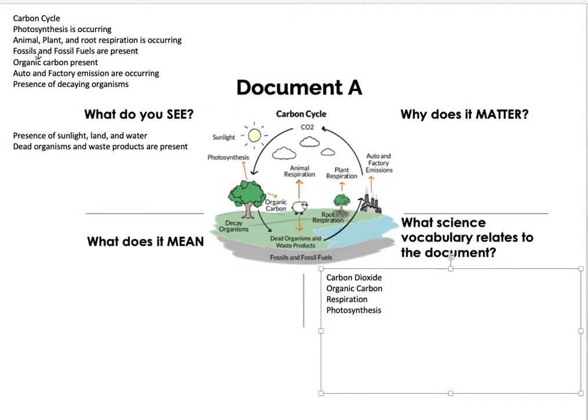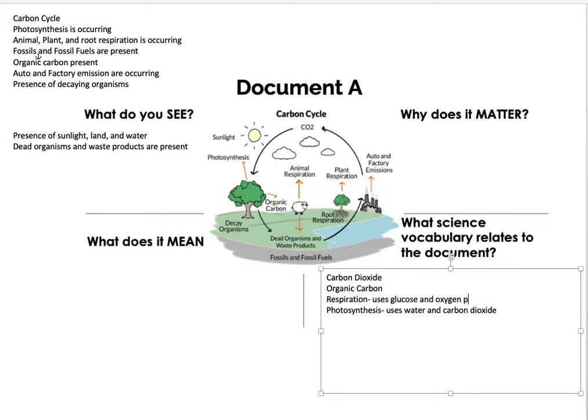And if we think about respiration and photosynthesis, we know that respiration produces glucose and oxygen. And we know that photosynthesis uses glucose and oxygen. Okay, photosynthesis uses water and carbon dioxide.